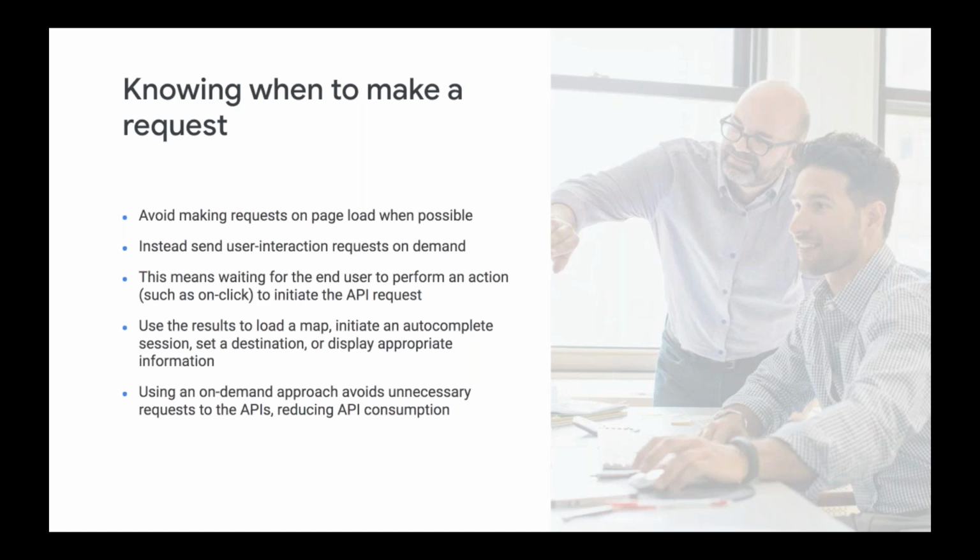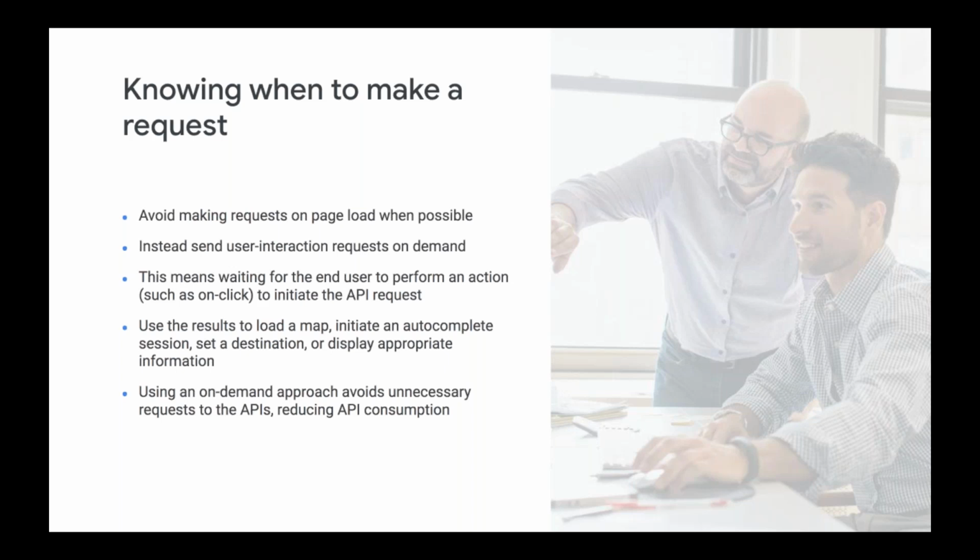So rather than loading a map on page load where maybe it's not providing any value to the user, wait until, let's say, the user enters an address, and then you can center that map and actually provide some valuable information to the user. Another example is don't start an autocomplete session on page load.